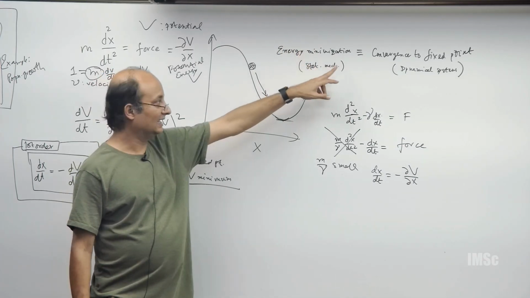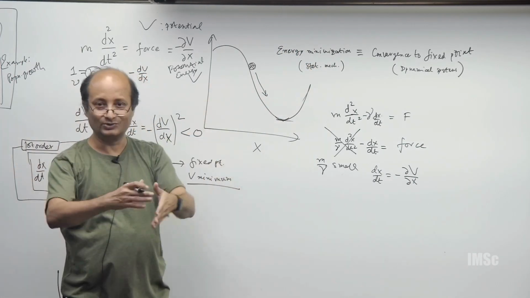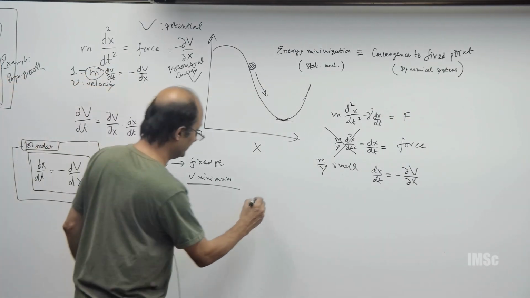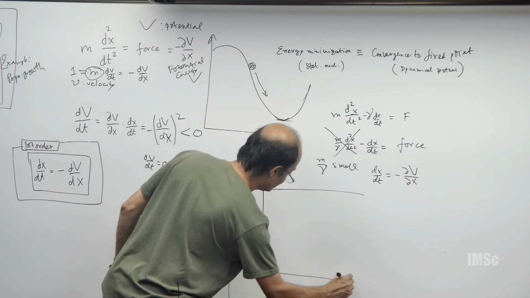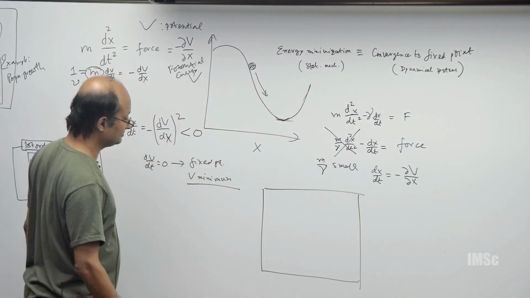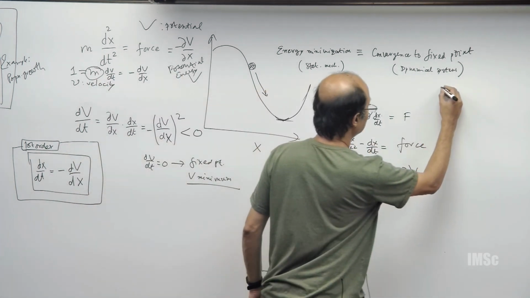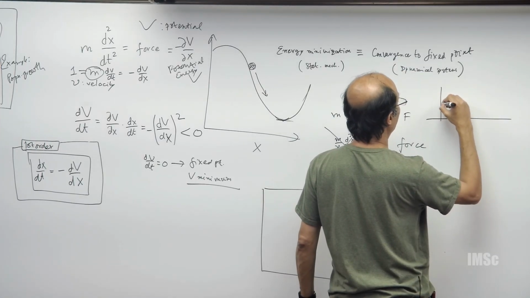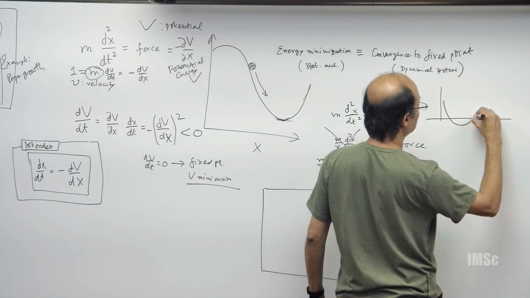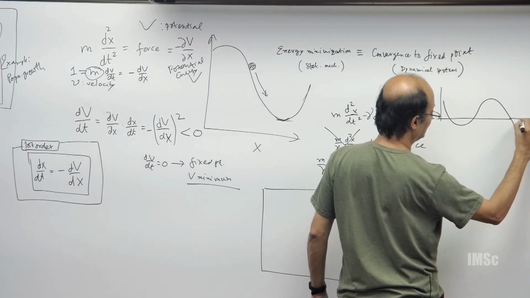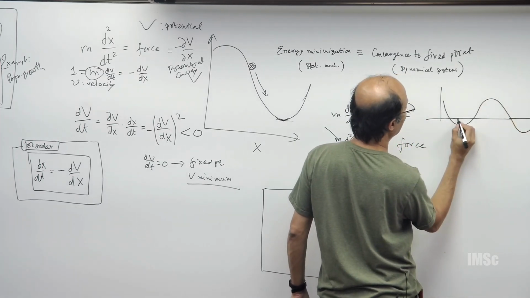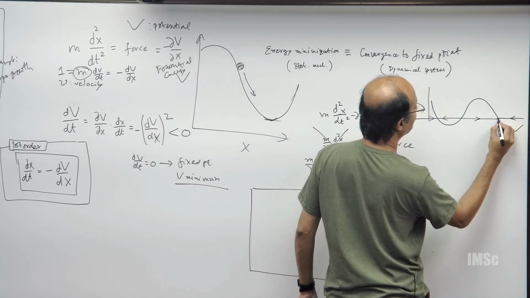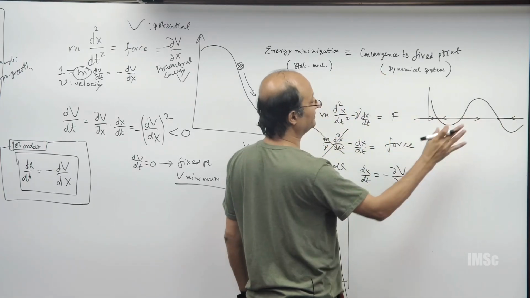So now I see that there's not that much difference between the StatMech approach of energy minimization and convergence to a fixed point by looking at these flow fields. Often what we do in dynamical systems is, in the phase portrait that I drew yesterday, I had some f of x, and we found that if it goes like this, then I know what the arrows are, and from these flows I can see where it will go.